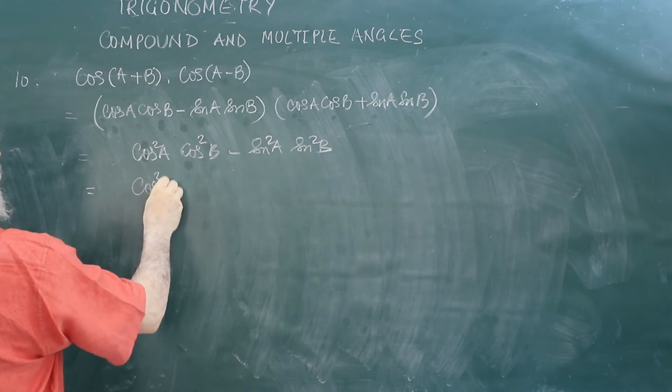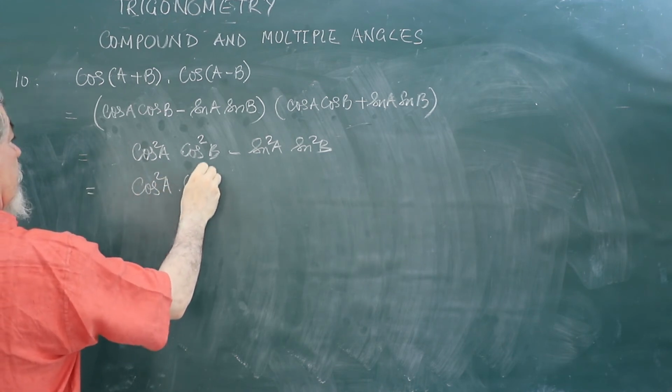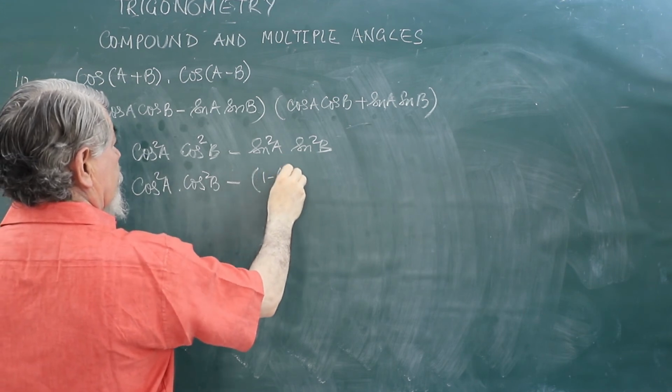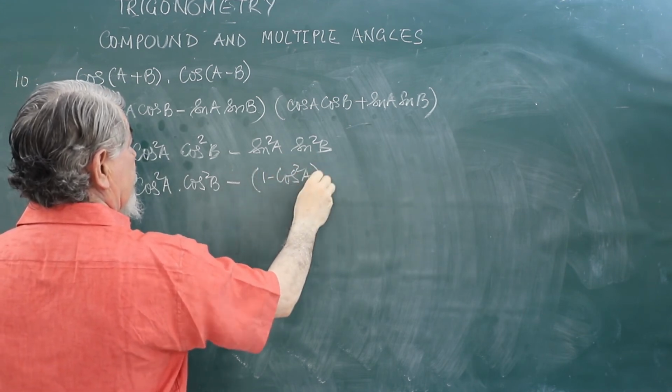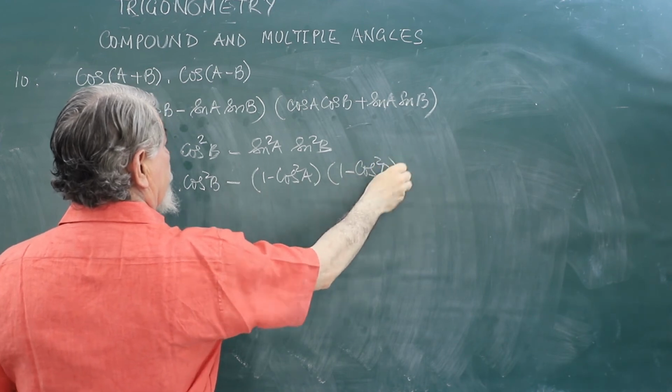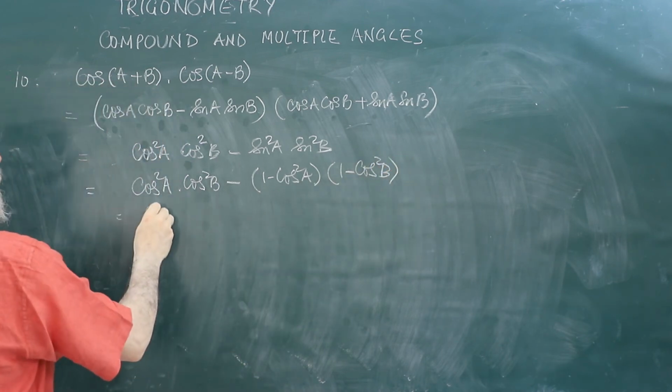Cos square A cos square B minus 1 minus cos square A into 1 minus cos square B. Let us see what do we get.